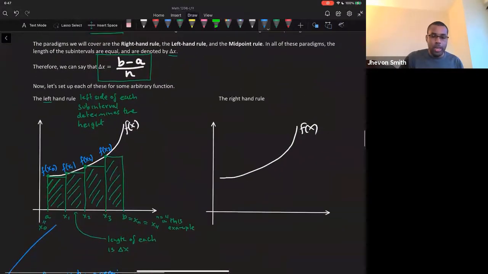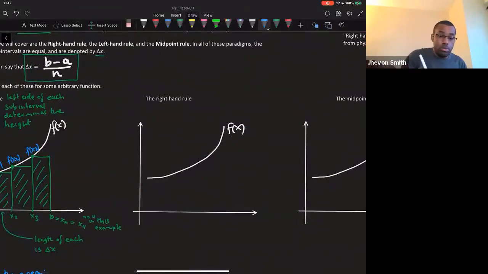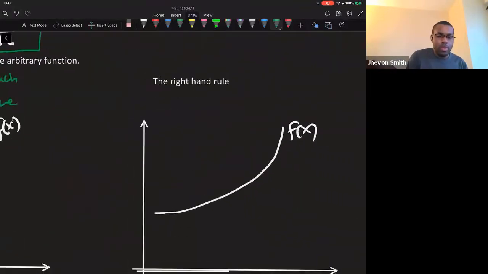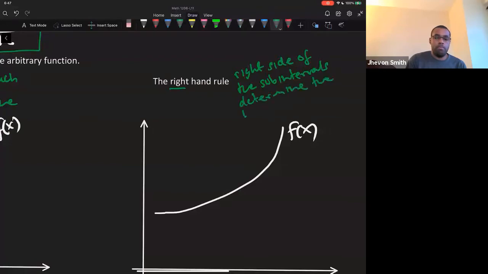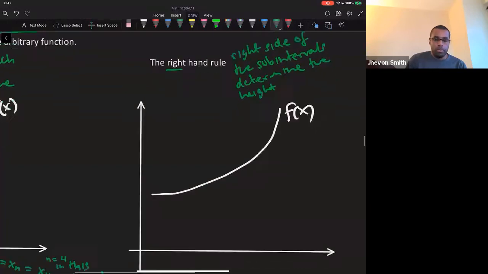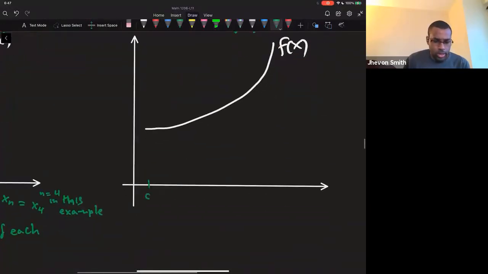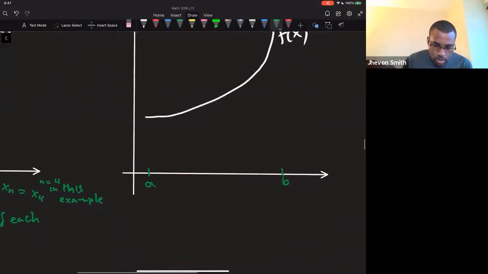Now I can do the same thing with the right hand, right? The right-hand rule is when the right side of the subintervals determines the height. So I can do a similar trick. Here's my A, here's my B. I can dissect it into, say, 4 equal pieces.